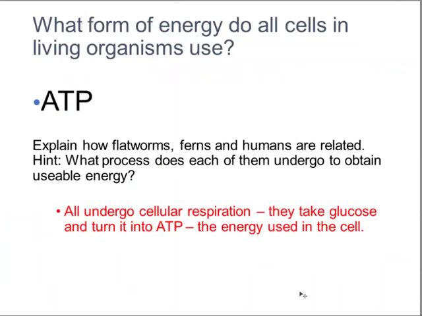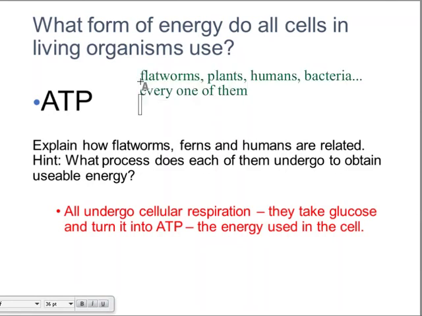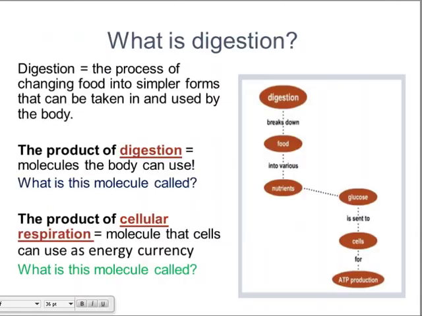Okay, so again, just to reiterate, all organisms, that means flatworms, plants, humans, bacteria, use ATP. And they all undergo cellular respiration to do that. This should be a test question you definitely get right.